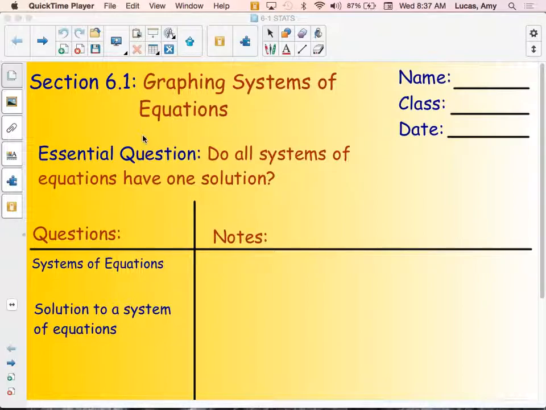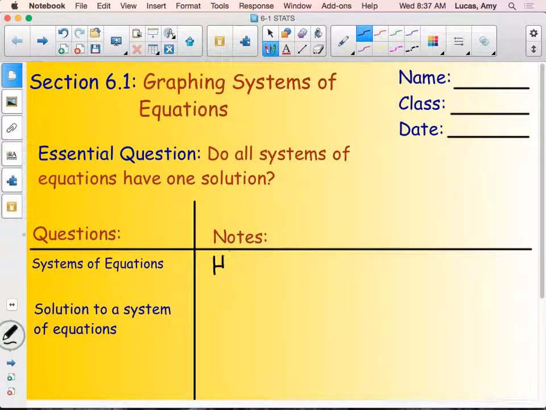Well, a system of equations, system just means that you have more than one equation. So systems of equations have more than one equation. The solution to a system of equations is the point or points in which all of your equations intersect.